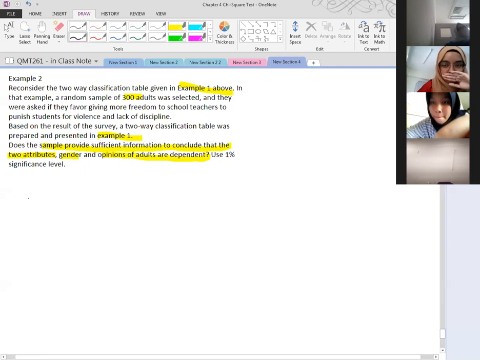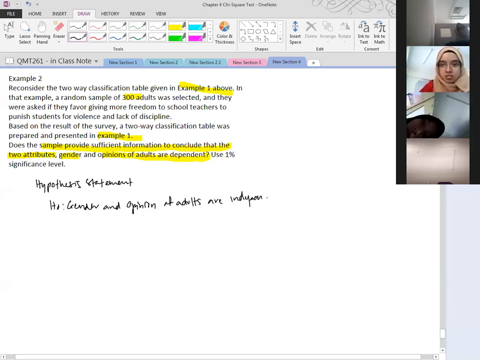So we need to test the null hypothesis. We need to state the null hypothesis. The null hypothesis is gender and opinion of adult are independent.